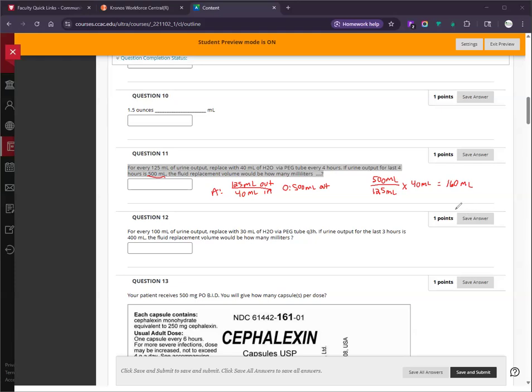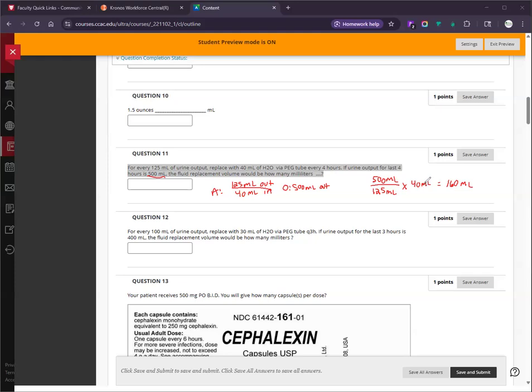Let's keep it simple and use terms you already know. You've already heard ordered over available, or desired over have, and I'm just following that methodology: my 500 milliliters over my available 125 milliliters times my quantity, the replacement volume, 40 milliliters.